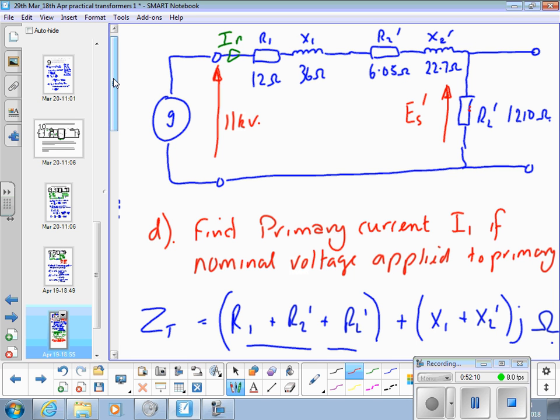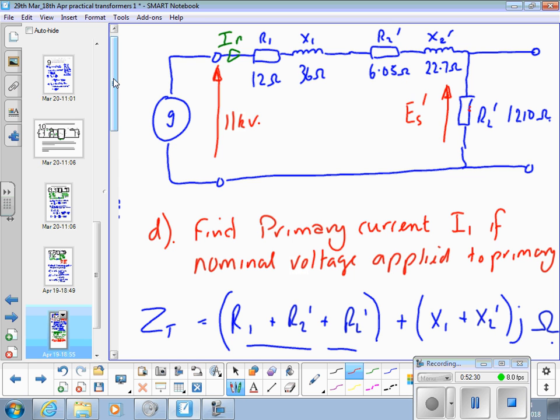Okay. If we find that and then multiply it by the current, they're going to be in phase with each other because that's resistive. You don't have to worry about angles. We can then just get S from the current and voltage.